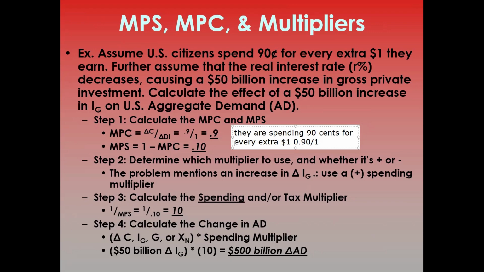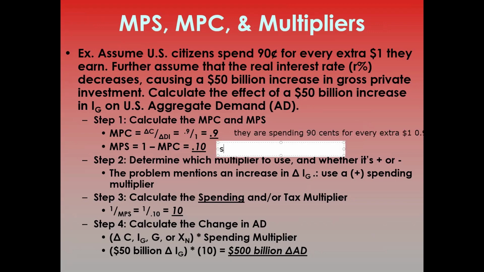So they would be saving 10 cents for every extra dollar, because the rest of the dollar, the 10 cents left over, would have to be saved, because it's either consumed or saved. So 90 cents is spent, 10 cents is saved.